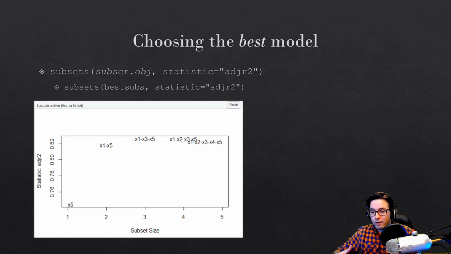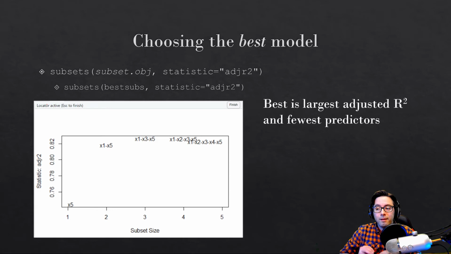So it just found the adjusted R squared for those 5 models, and it said, here's how those best models compare with each other, right? And so what we want to do is choose the largest R squared with the fewest number of predictors.